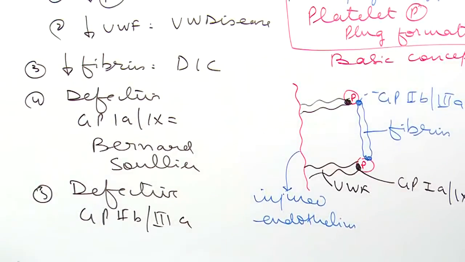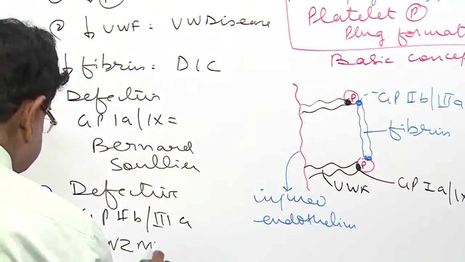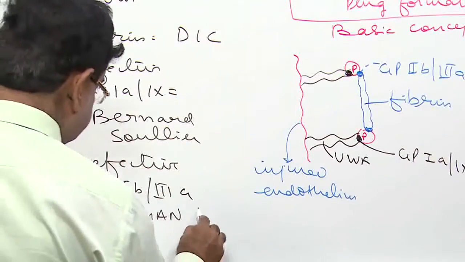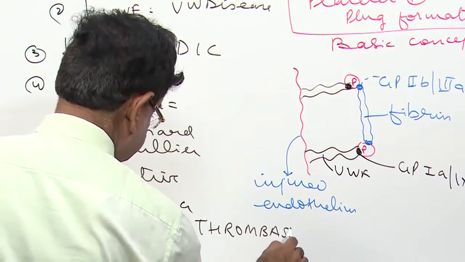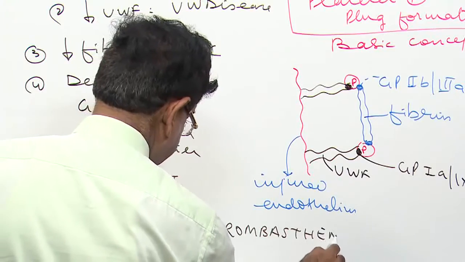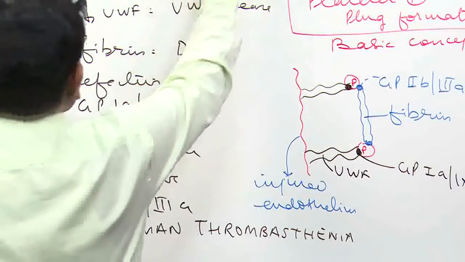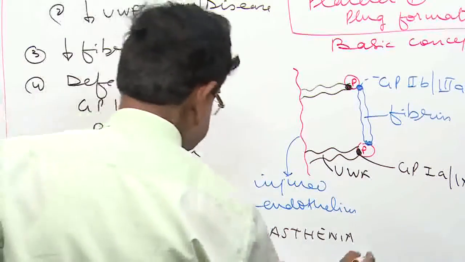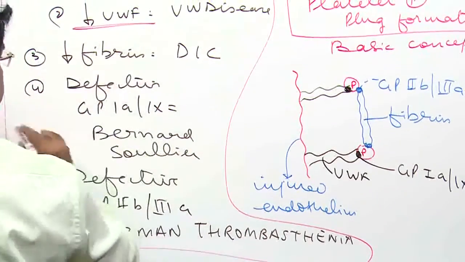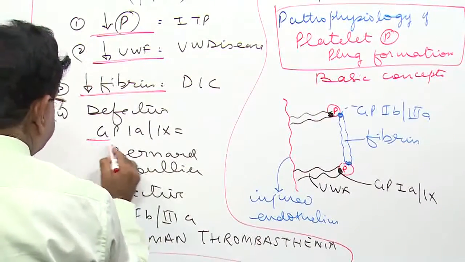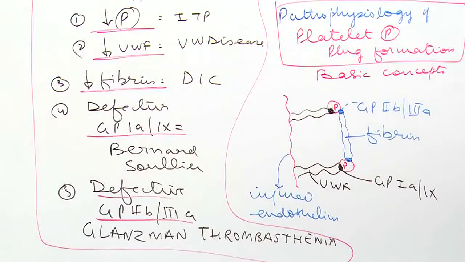That occurs in Glanzmann's thrombasthenia. This is box number 1 in this lecture. So, reduced platelets, reduced von Willebrand factor, decreased fibrin, defective GP1A receptor, and defective GP2B3A receptors.